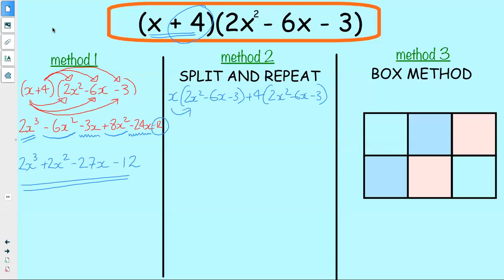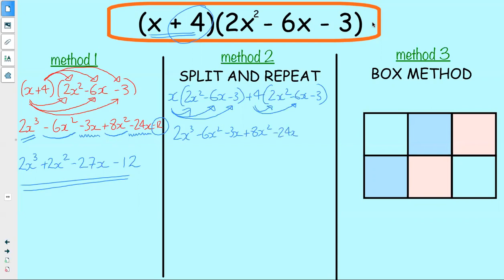So x multiplied by 2x squared, which is 2x cubed. x multiplied by -6x is -6x squared. x multiplied by -3 is -3x. 4 multiplied by 2x squared is a +8x squared. 4 multiplied by -6x is -24x.